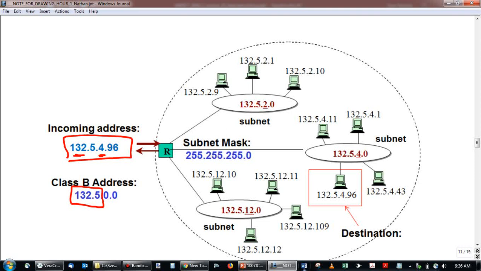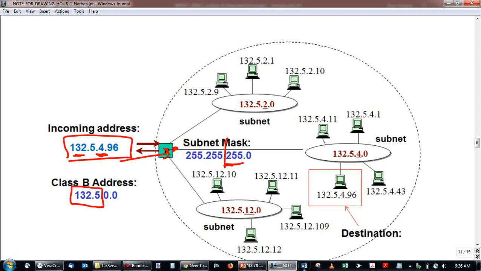So let's see how this works visually. So 132.5.4.96 goes into the router. Inside this network, it says, okay, I know that we're subnetting this. So instead of just using the subnet mask 255.255, which is 16 ones, I'm going to use 255.255.255. This is 24 ones, and it captures this one as well, right? The 3rd byte.